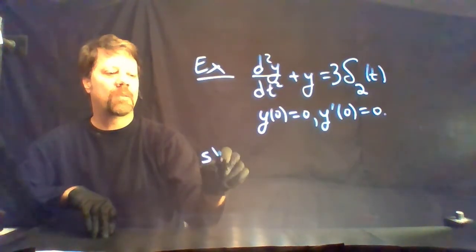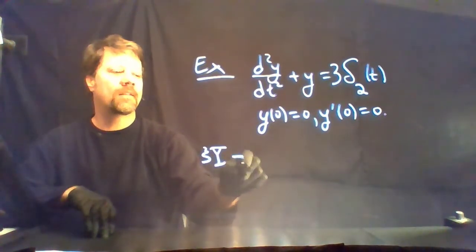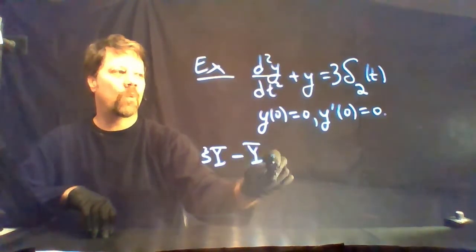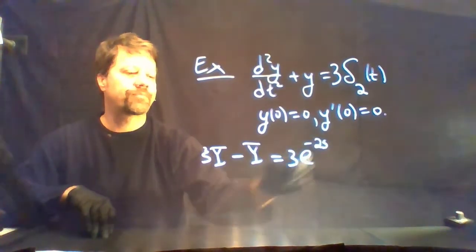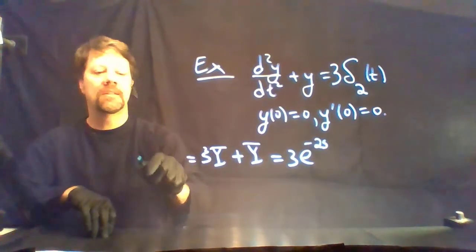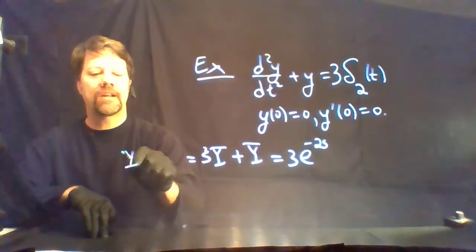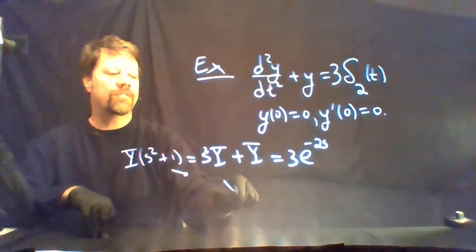We've applied the Laplace transform to both sides, so we get s squared big Y plus big Y equals 3 e to the minus 2s. On the left-hand side, we can factor out the big Y and then divide this over.